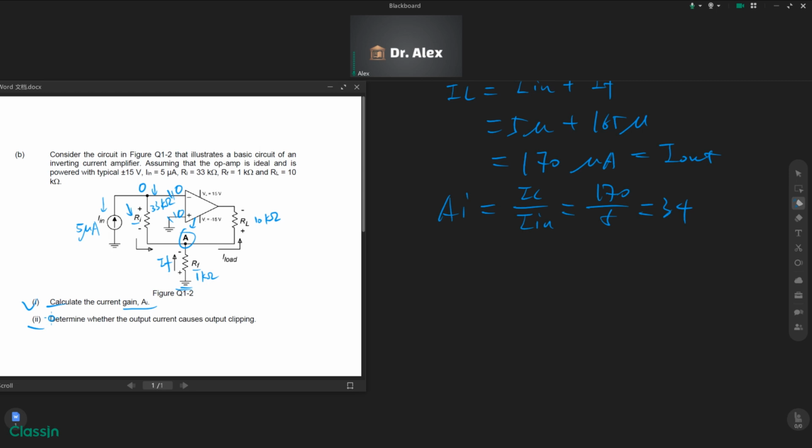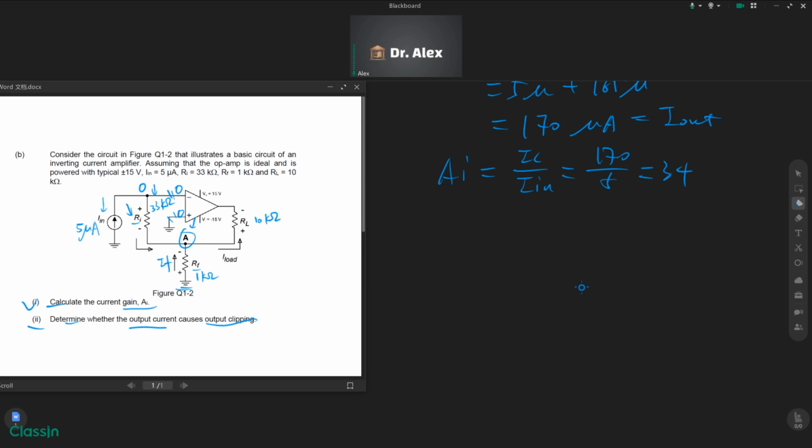Now let's move on to question 2. It is asking us to determine whether the output current can cause output clipping. So what is clipping? As we know, the operational amplifier can amplify the signal, which is the input voltage.